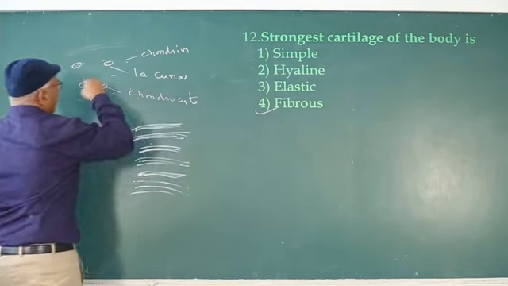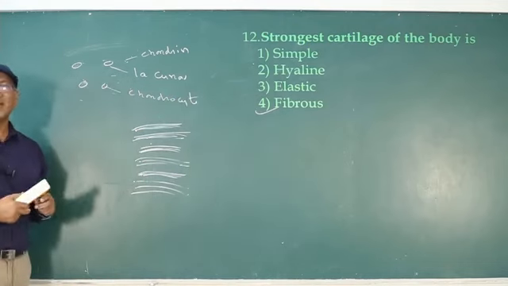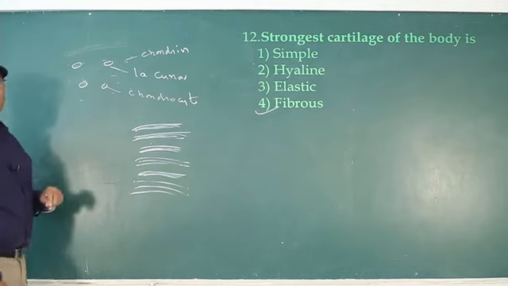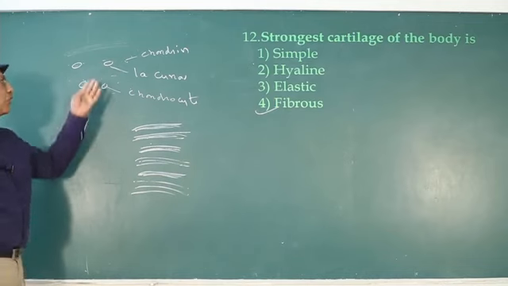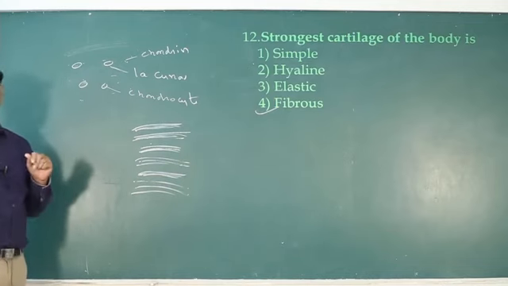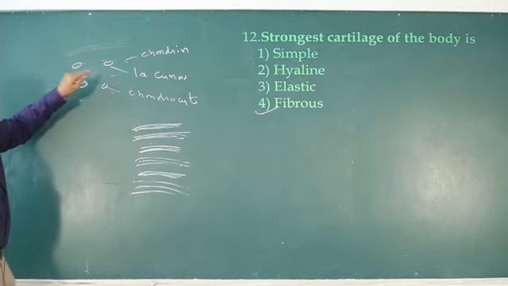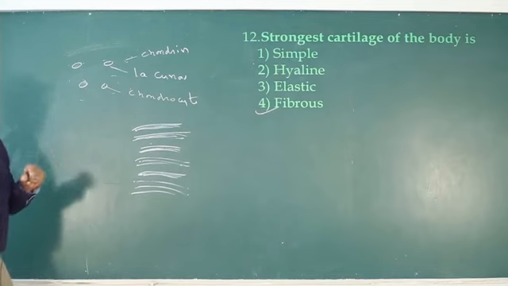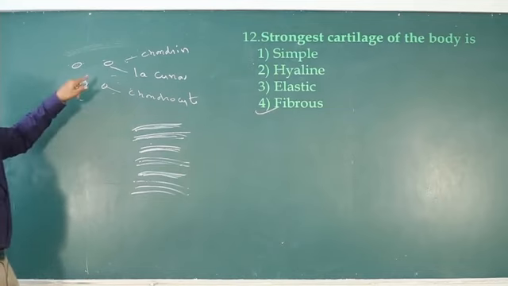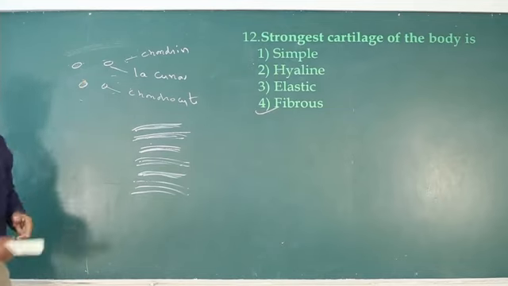Thin collagen fiber bundles are present, but in the textbook diagram no fibers are given. The reason is that the refractive index of collagen fiber bundles and matrix is the same. Under a compound microscope, collagen fibers are not visible.